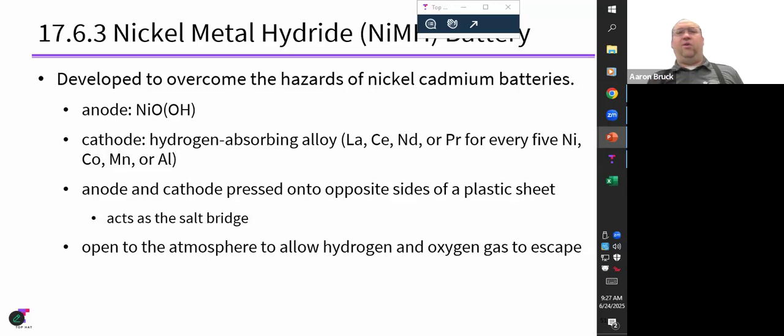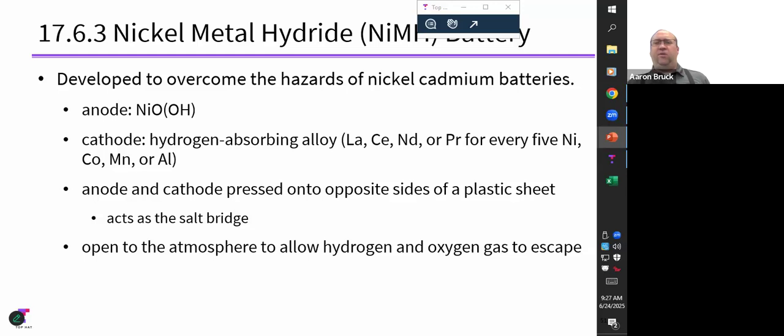And then at the cathode, we have some sort of alloy. And that alloy is composed of one of these 4 rare earth metals, lanthanum, cerium, neodymium, or promethium, for every 5 nickel, cobalt, manganese, or aluminum ions.